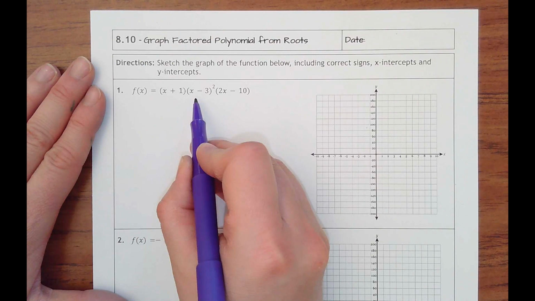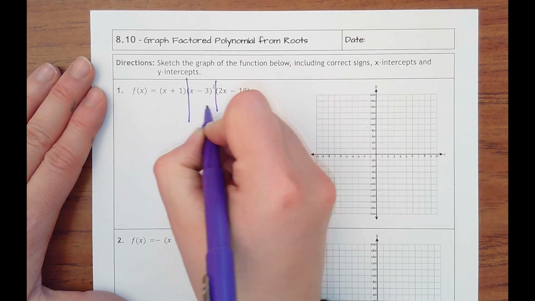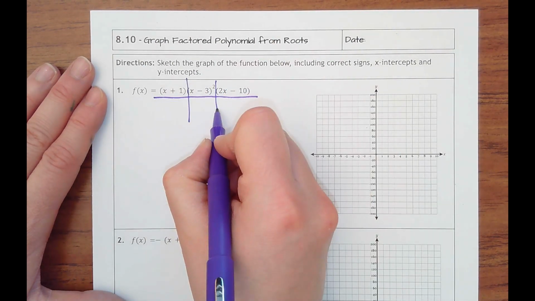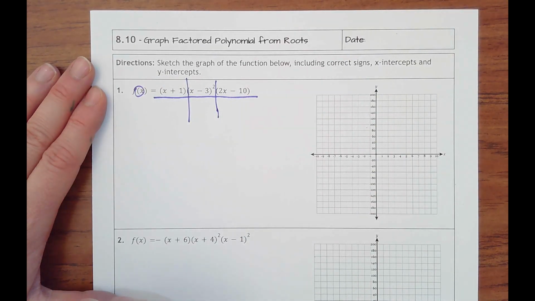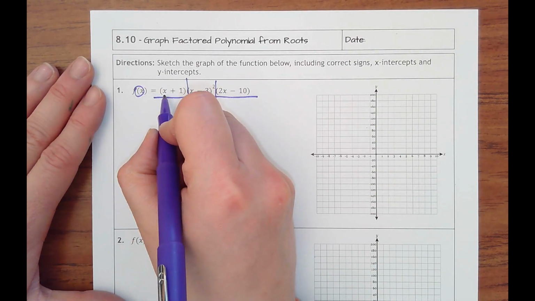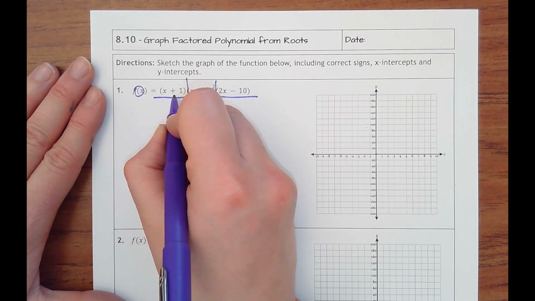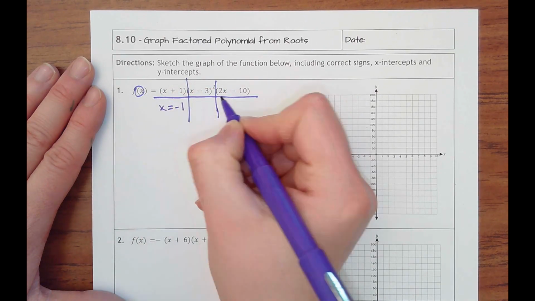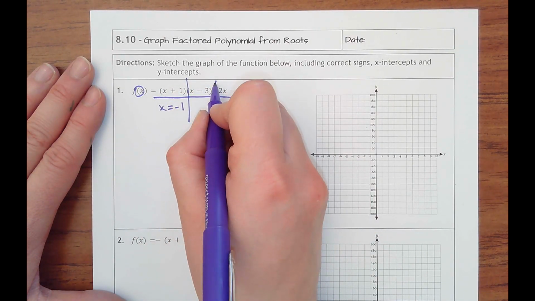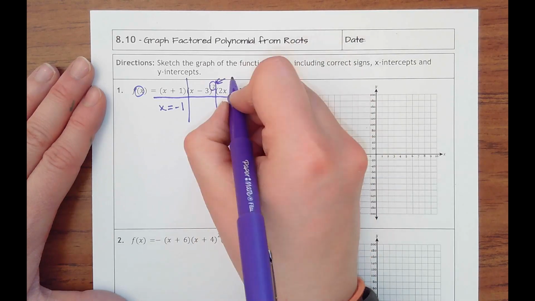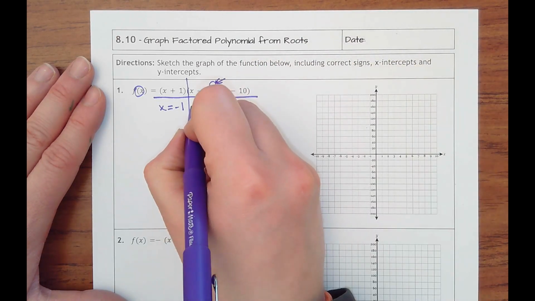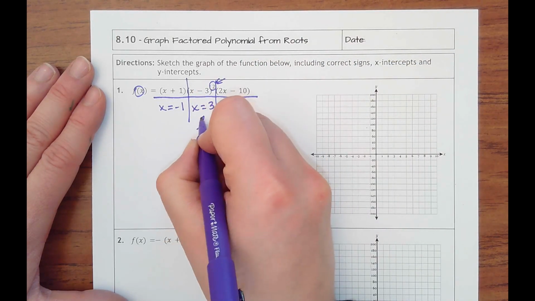Since it's in factored form, remember our factors come from setting y equal to 0 and finding the x values that make that true. So this one will be when x is -1. This has a multiplicity of 2, so it's going to bounce at +3.